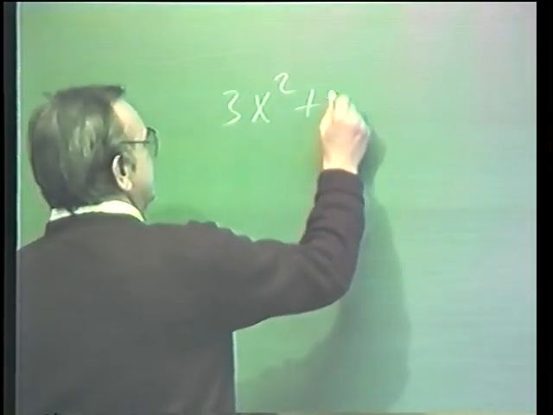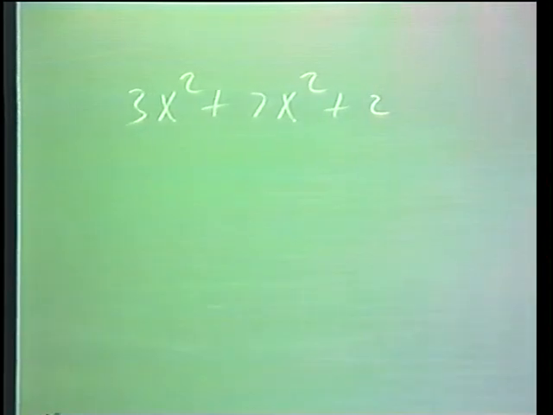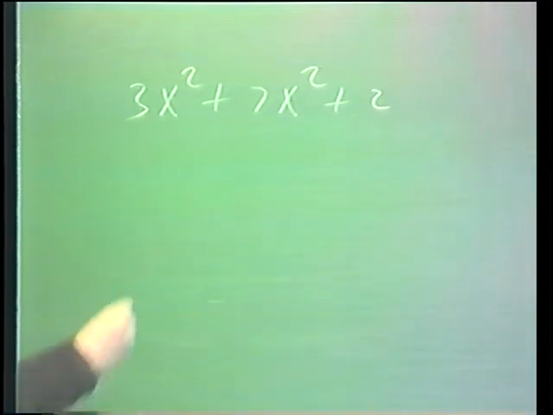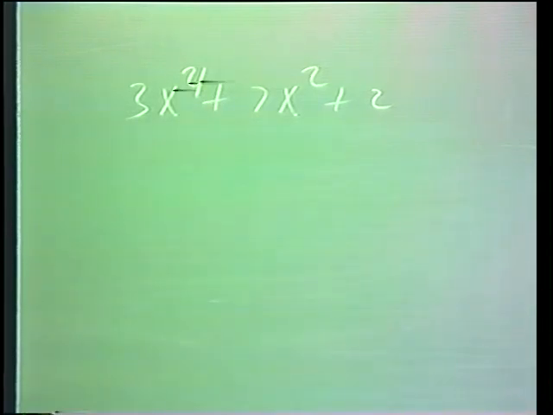What we have there is 3x to the fourth plus 7x squared plus 2. We have a three-termer. Now, there is nothing common to all three terms that we can extract.